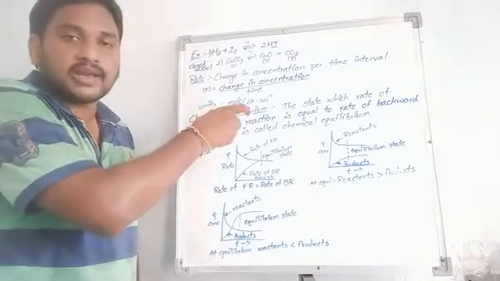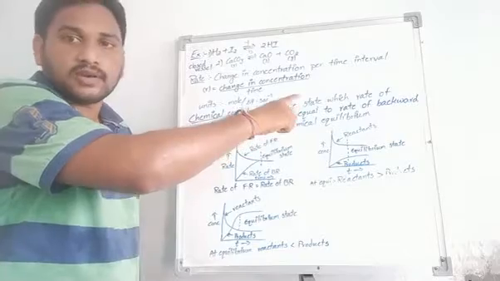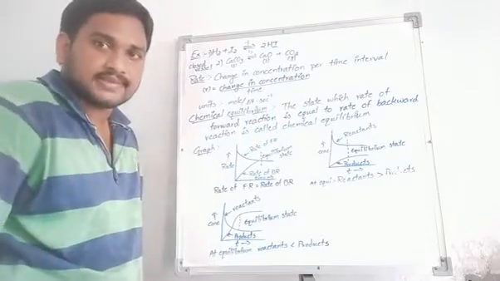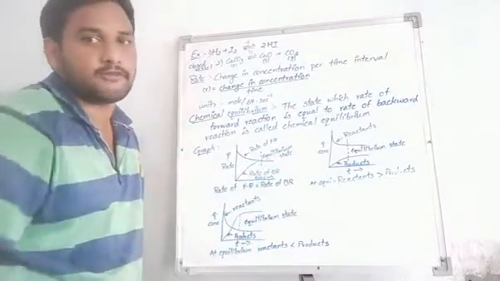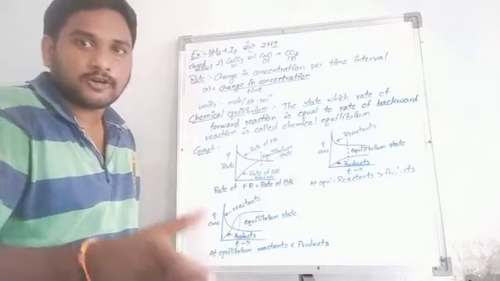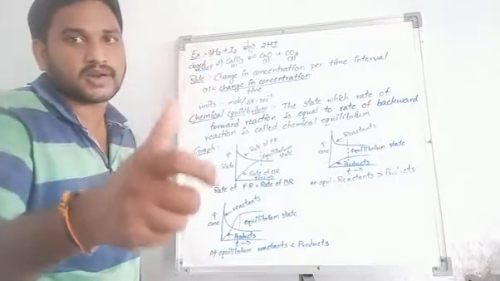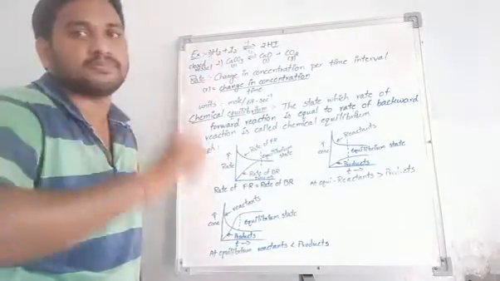In chemical equilibrium, the state is one where the rate of forward reaction equals the rate of backward reaction. That means the concentration of reactant or product does not change at the time of equilibrium position.